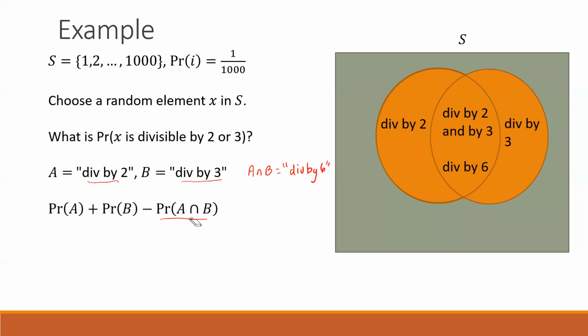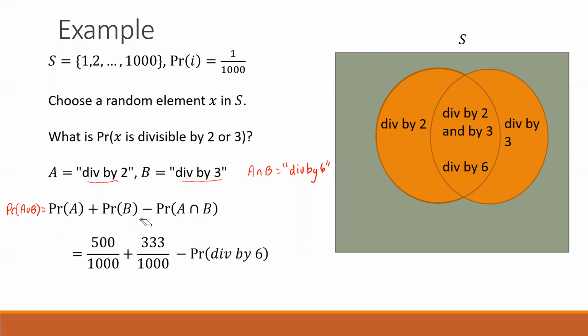So now if I use the inclusion-exclusion principle of probability, I can determine the probability of, so this is probability of A union B, which is the probability of A plus the probability of B minus the probability of A intersect B by our inclusion-exclusion rule.